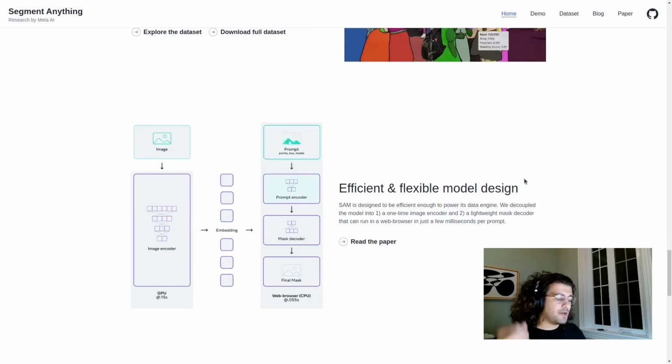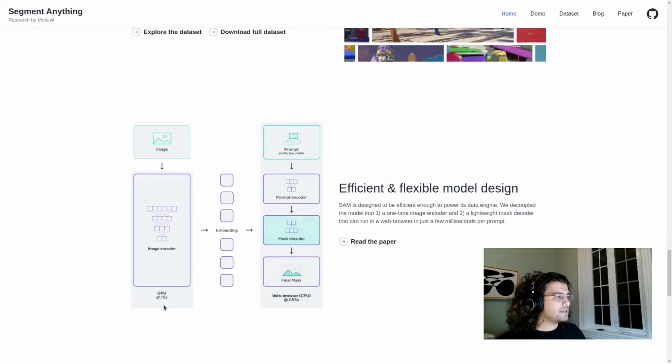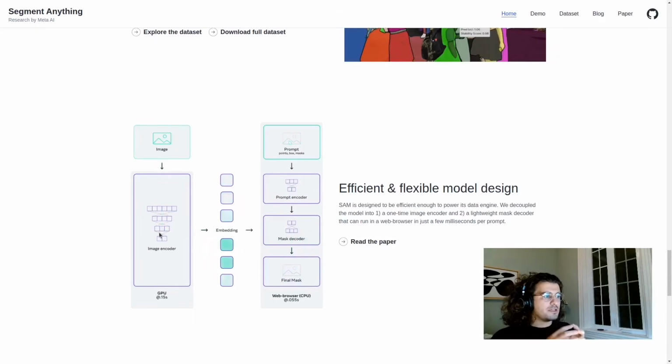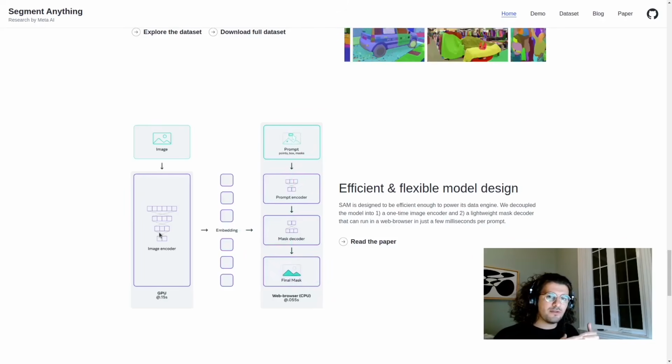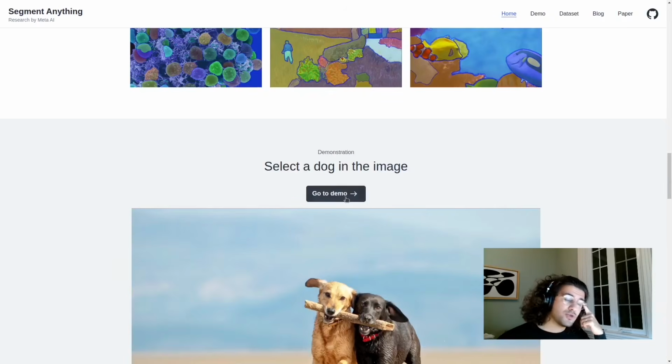They're very reactive. They can be almost instantaneous. It's the same idea here. They did the setup so that they could host this and actually make it interactive with a demo of some sort. You can just go to the demo and test it.